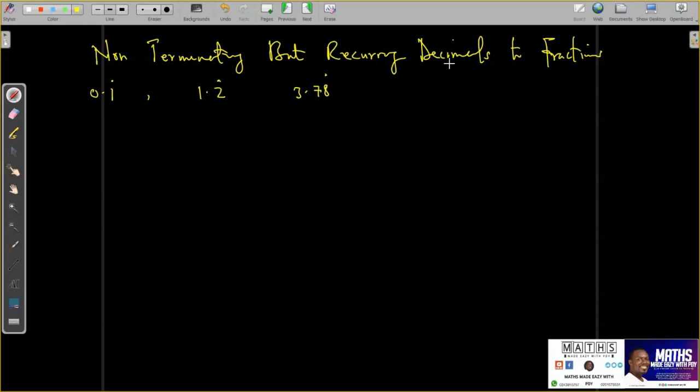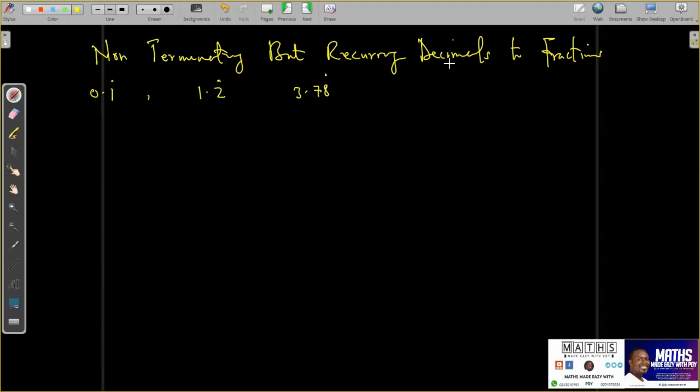We are going to consider when only one digit after the decimal point is recurring. Then we'll move on to when 2 digits after the decimal point are recurring. Then finally, when 3 digits after the decimal point are recurring. We also have the section where some digits are not recurring after the decimal point and others are recurring.